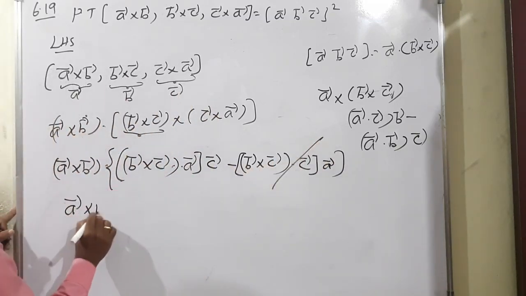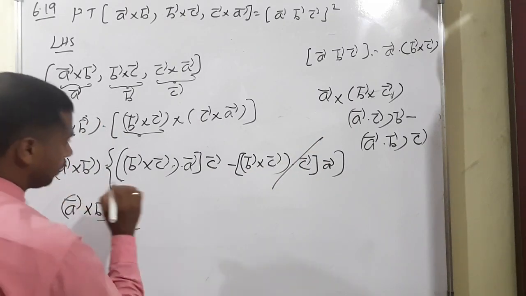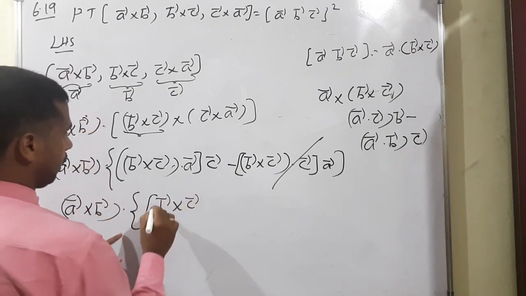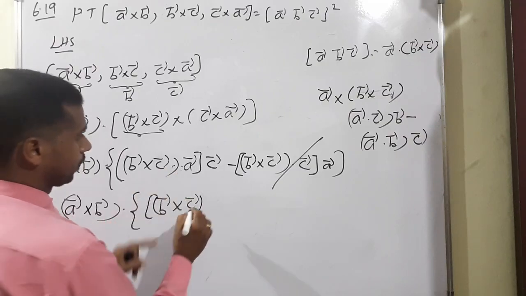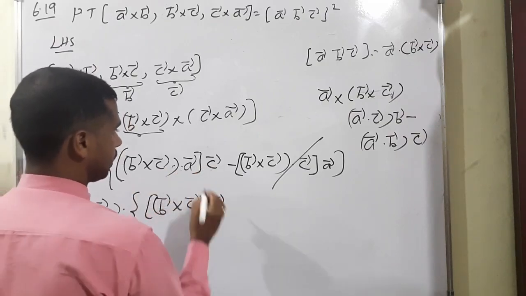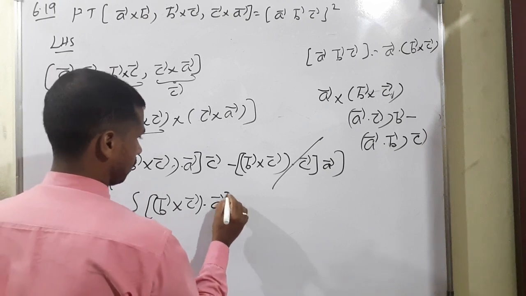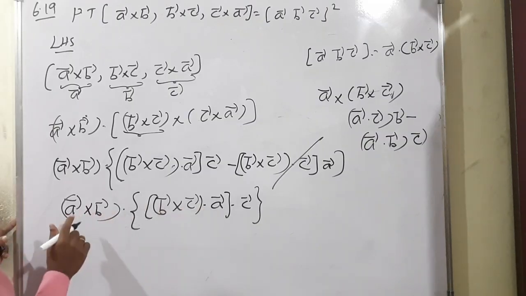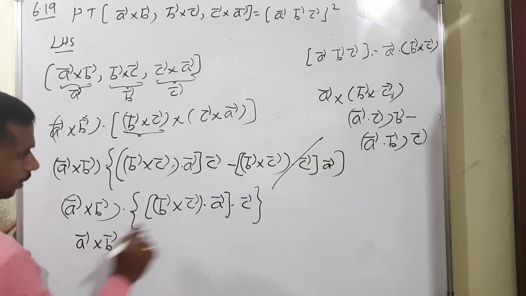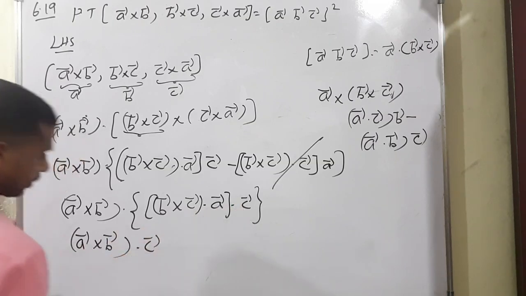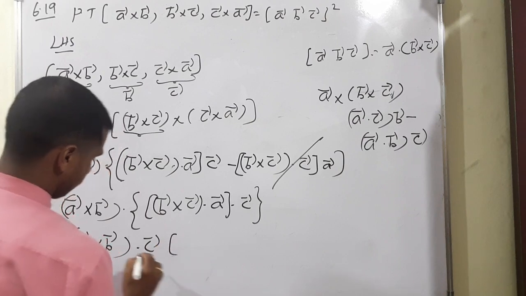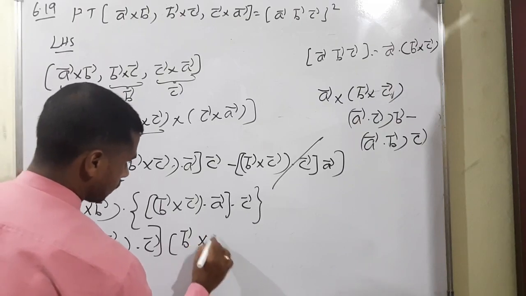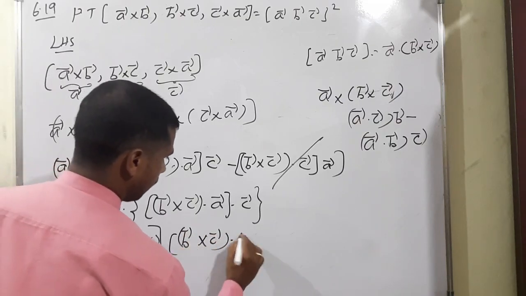So now A vector cross B vector dot, inside what is the balance there? B vector cross C vector dot A vector, outside dot C vector is there, isn't it? Now we have to expand with A vector cross B vector, outside only dot C vector, this is the first term, then another term B vector cross C vector dot A vector.